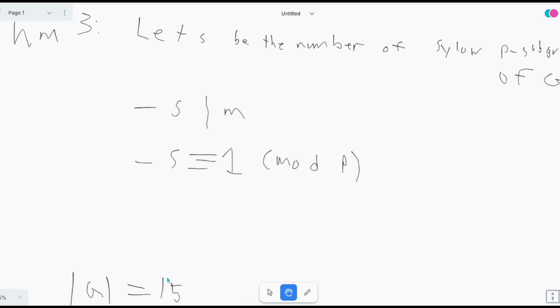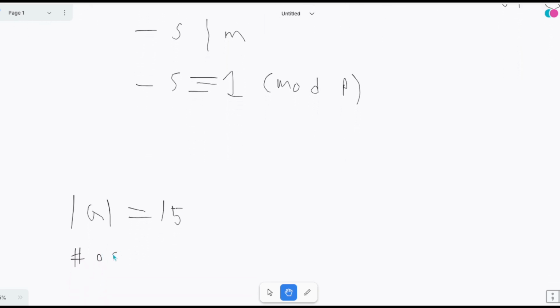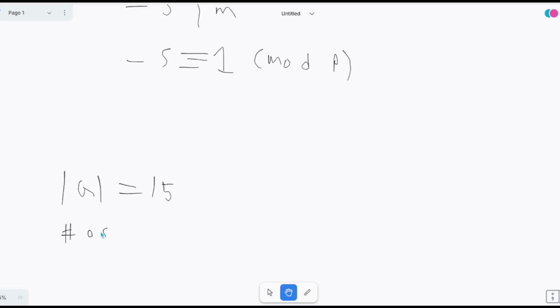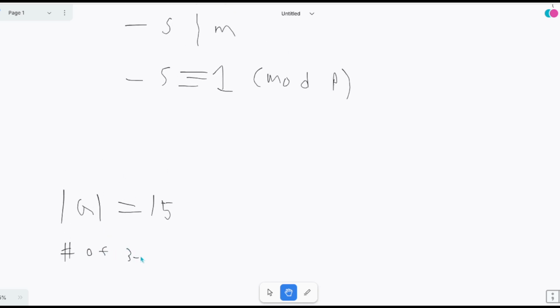The number of Sylow 3-subgroups, now looking at theorem 3, which are obviously those of order 3 in this case.